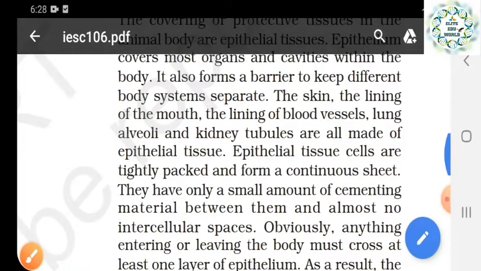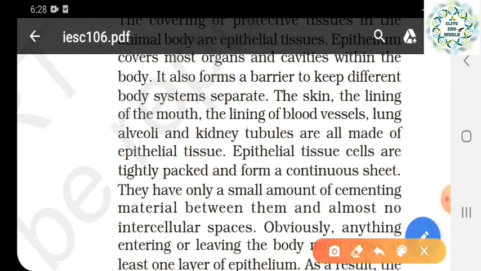Now we will see the locations where this kind of tissue can be seen. Number 1 example, the skin is also made by this epithelial tissue. Then the lining of the mouth. In our mouth there are different linings, which are also made by epithelium.